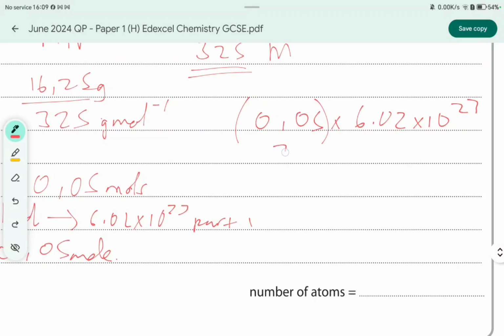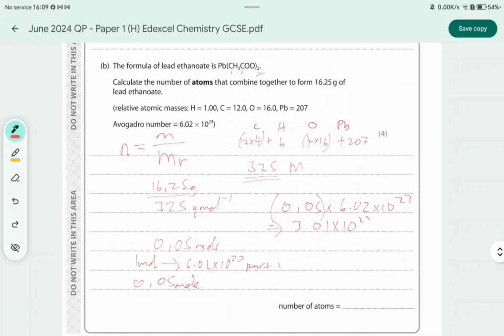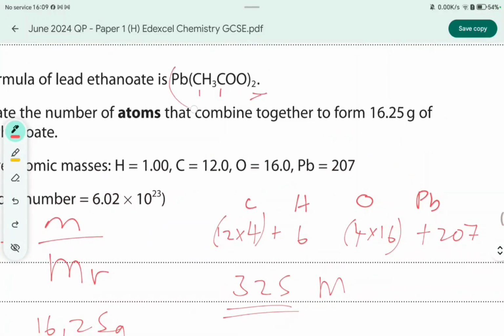That gives us 3.01 times 10 to the power 22. So this is not a final answer. Yeah, we do have 3.01 times 10 to the power 22 particles, but these aren't just all the particles. These are molecule particles. These are the lead ethanoate particles.